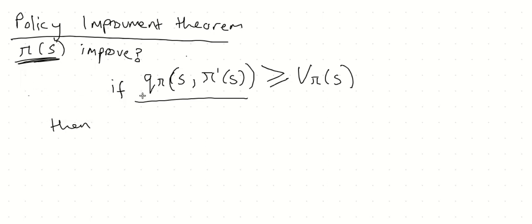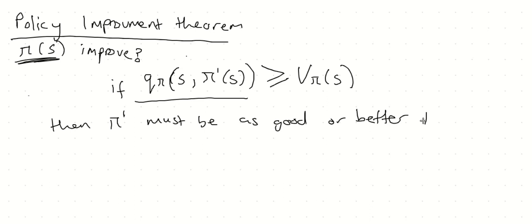So if q pi of s comma pi prime of s is greater than or equal to v pi of s, then pi prime, the new policy, must be as good or better than pi.